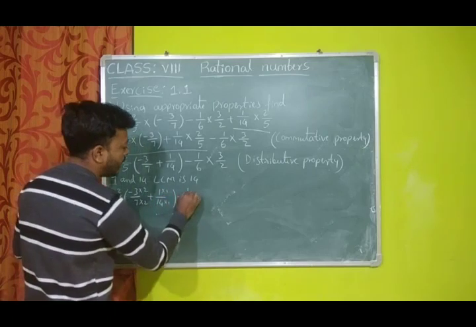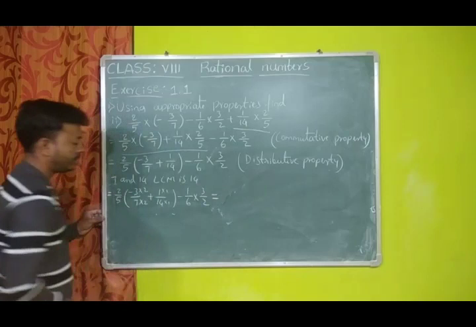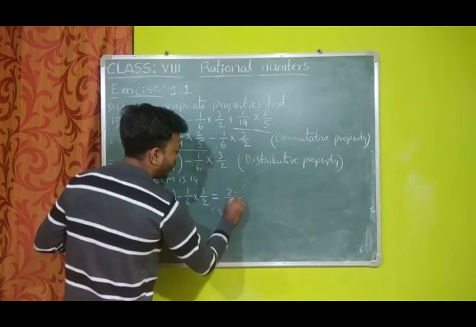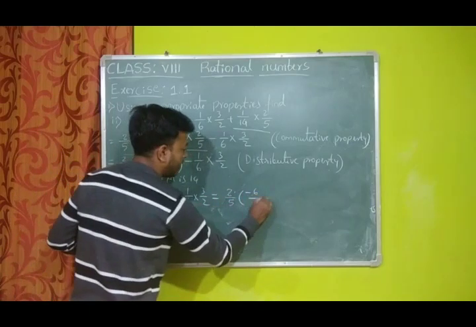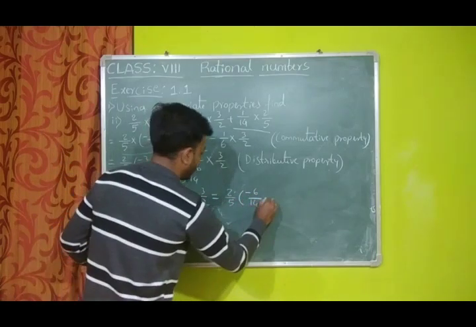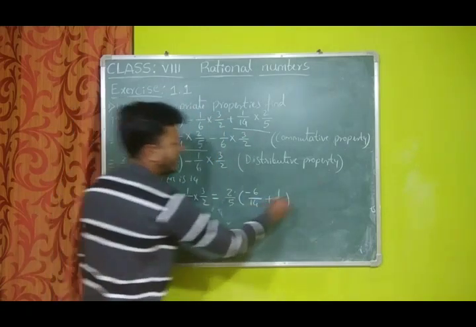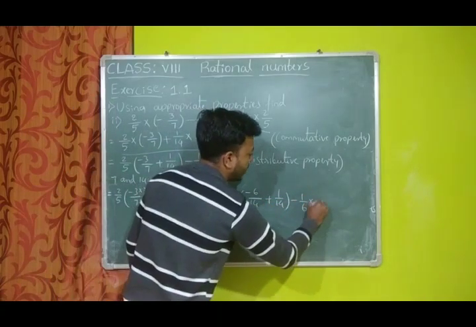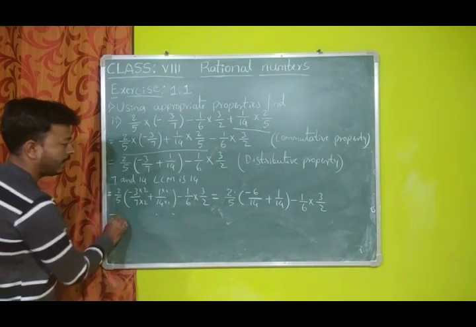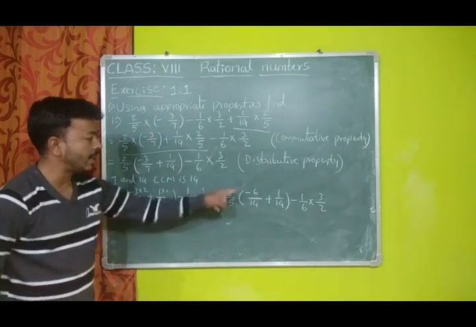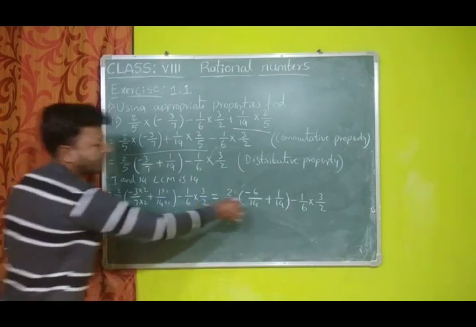So 2 upon 5 bracket, minus 6 divided by 14 plus 1 divided by 14, and minus 1 upon 6 multiplied by 3 upon 2. Yes? The simplification is correct.